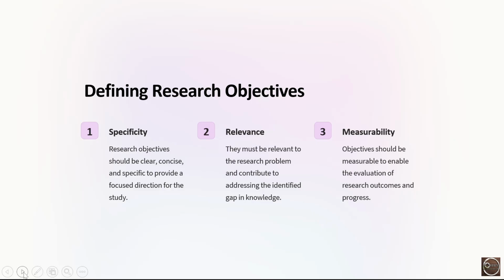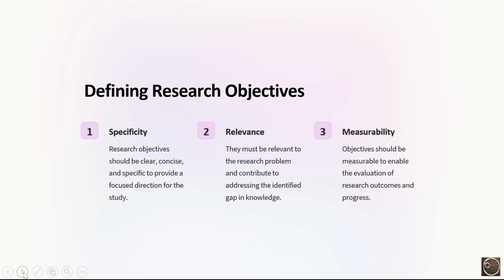They should be relevant to the research project, and they should contribute to addressing the identified gap in knowledge. So if you have identified a specific gap in knowledge in your research problem, then your objectives should come and contribute in addressing that identified gap in knowledge. Okay. And number three, your research objectives should be measurable. Your objectives should be measurable to enable the evaluation of research outcomes and progress.